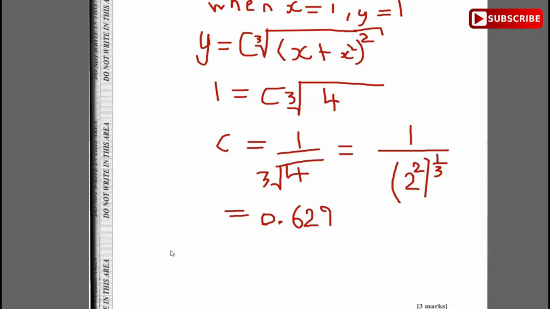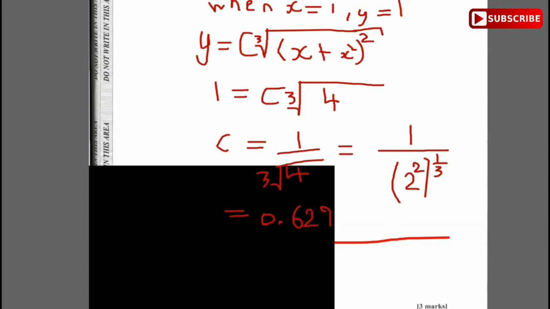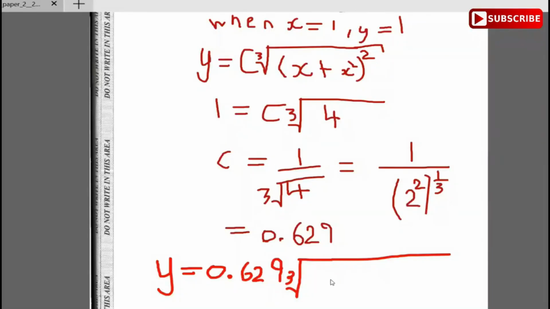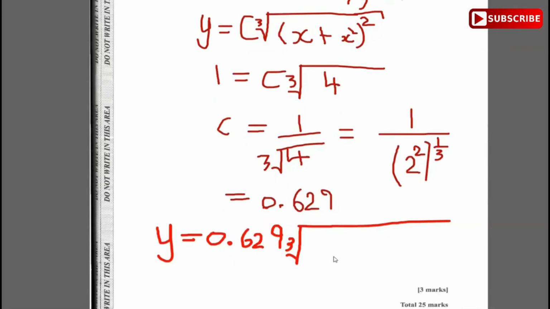And so y is equal to 0.629 times the cube root of x plus x squared, all squared.